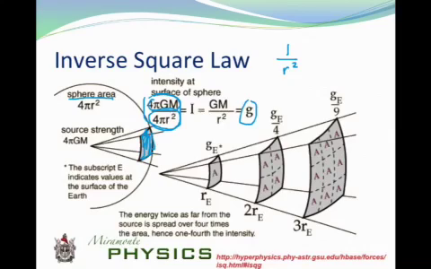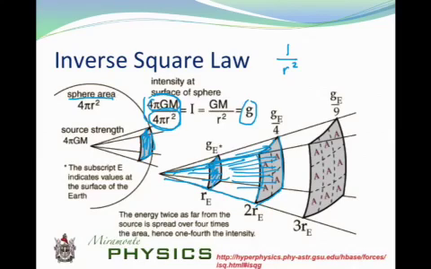What happens to this value as you get further and further away? As the radius gets larger, going from the radius of the Earth to twice the radius of the Earth, that little chunk of area through which the strength is projected has increased by 4-fold.